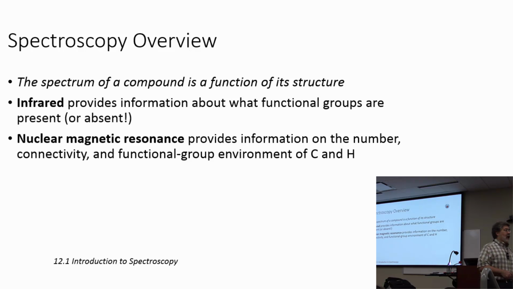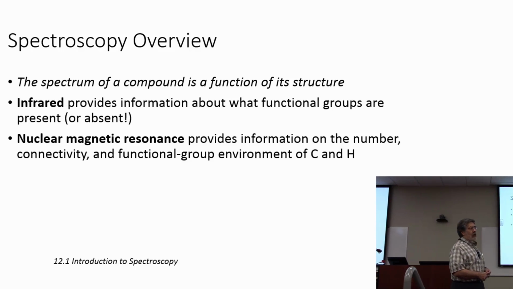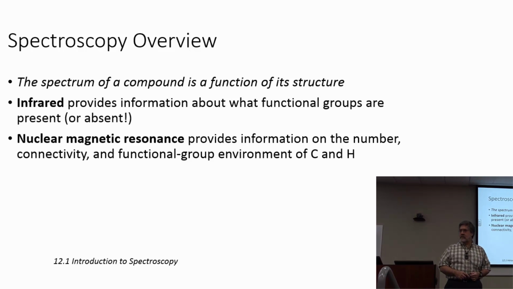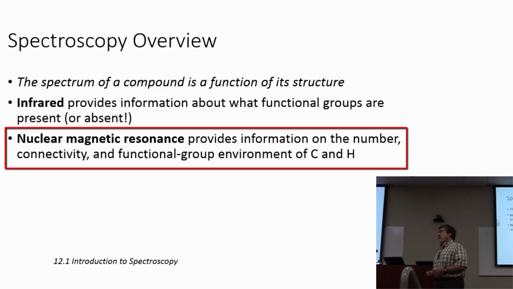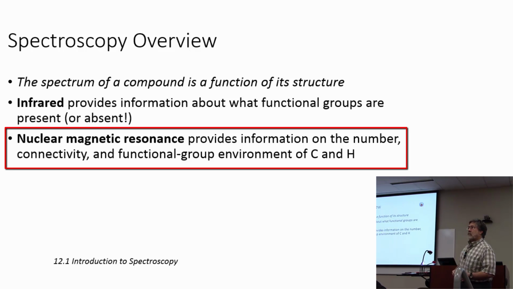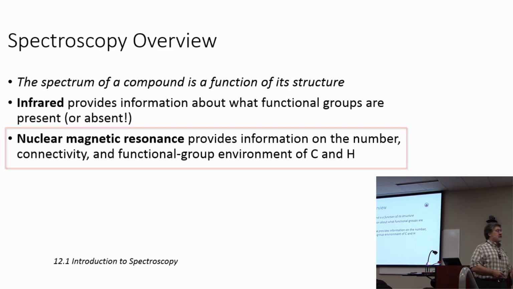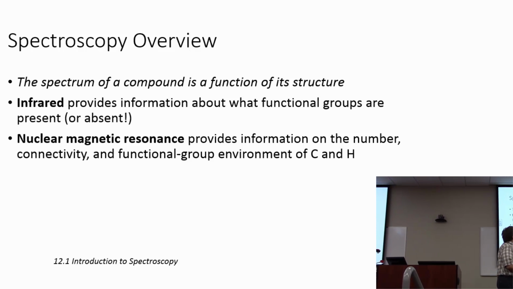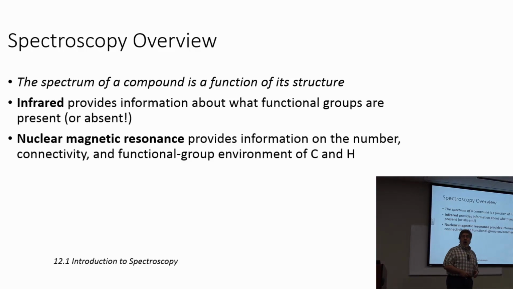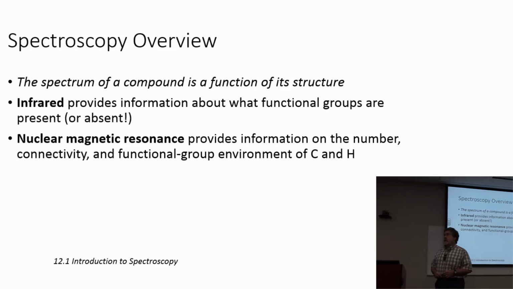Now, can the IR tell you what alcohol it is? Maybe. All right? NMR has a different thing that it looks for. IR looks for functional groups. NMR tells you the most information about the carbon skeleton.